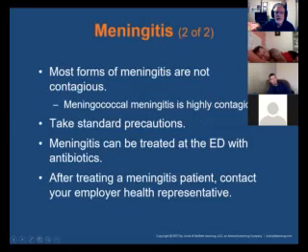Meningococcal meningitis is highly contagious. Take standard precautions, including an N95 mask and a mask on your patient. What's the problem with putting a mask on your patient? I can think of a couple. Number one, you can't see if their lips start to become cyanotic.